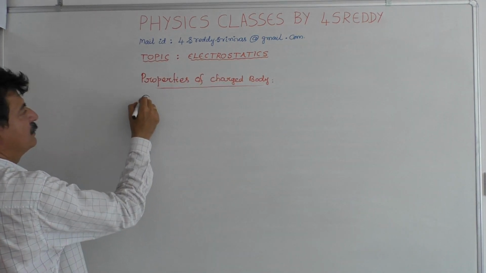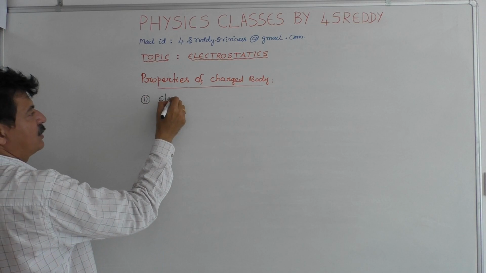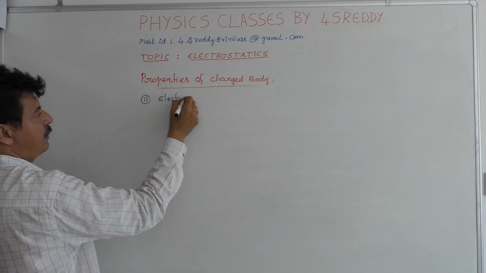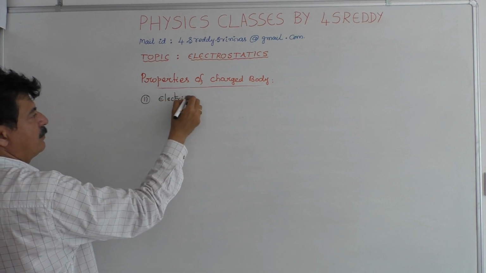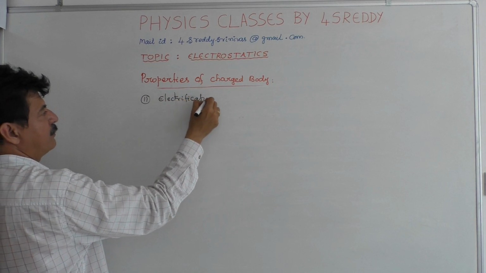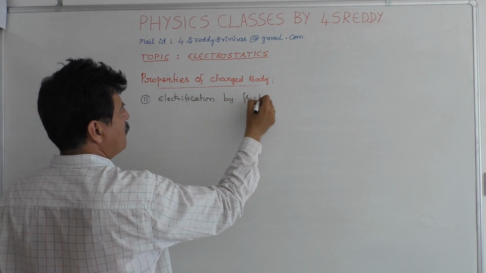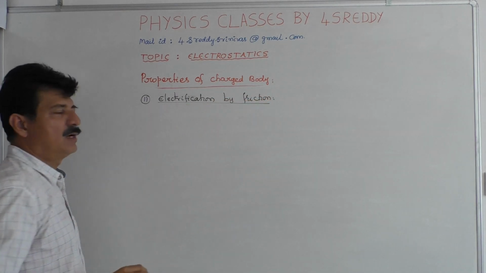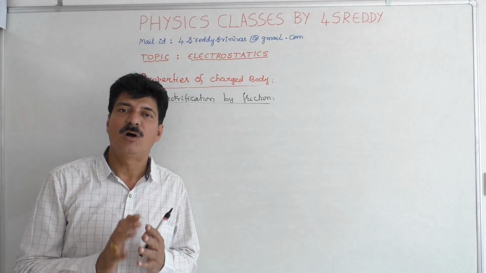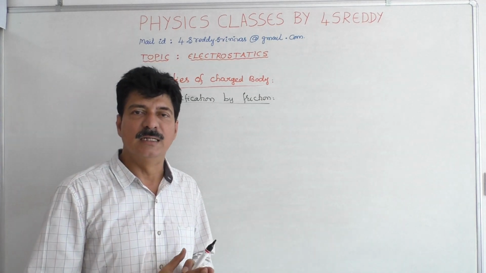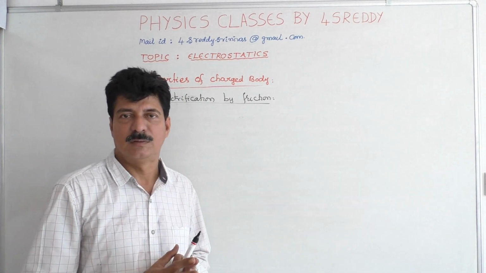And thereafter, point number 11, that is electrification by friction. Electrification by friction means, when one body is rubbed with another body, then opposite charges are developed on both the bodies.